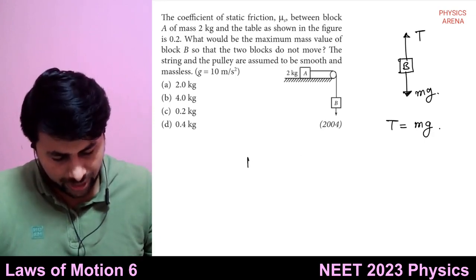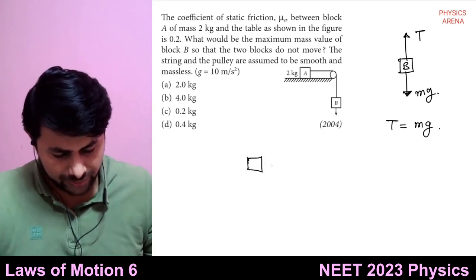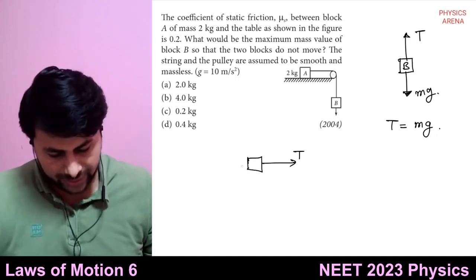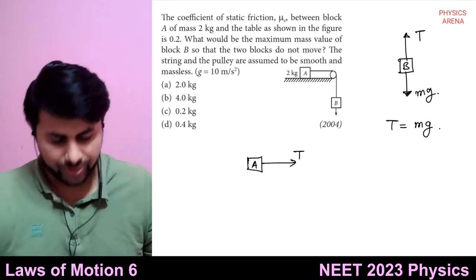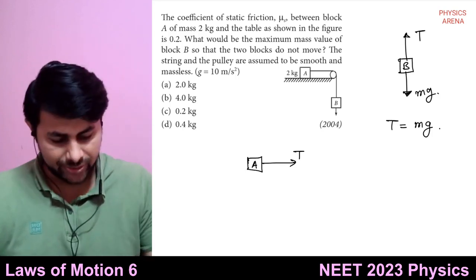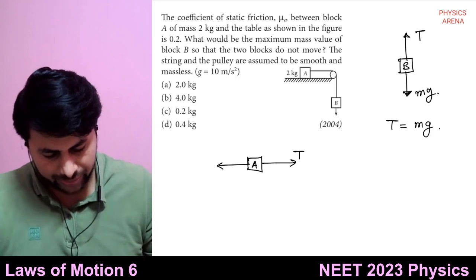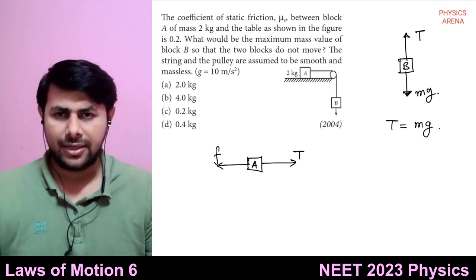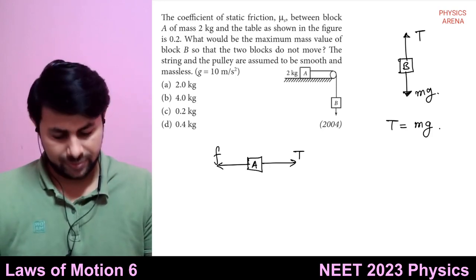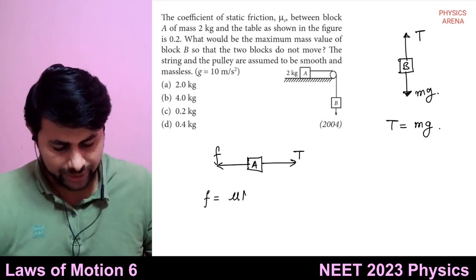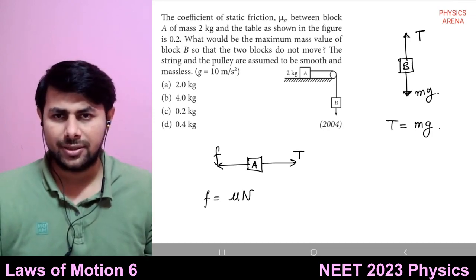And for this block A, now there is tension T acting towards right, and there would be another force. So if it tends to slide on this floor, there will be the frictional force acting towards left, right? And how much would be the friction? So friction is equal to mu multiplied by normal reaction.